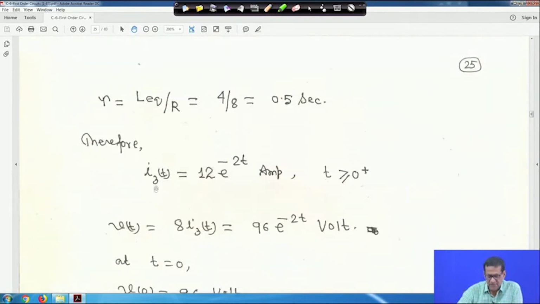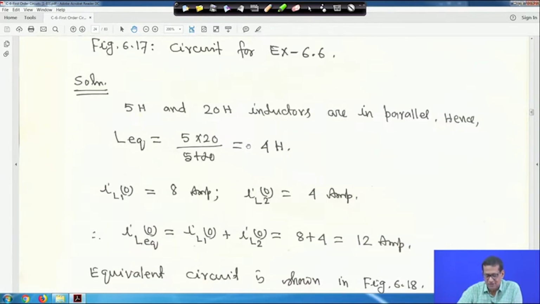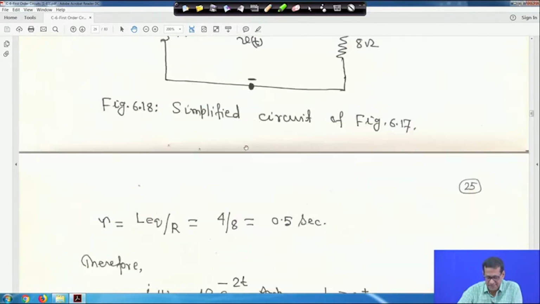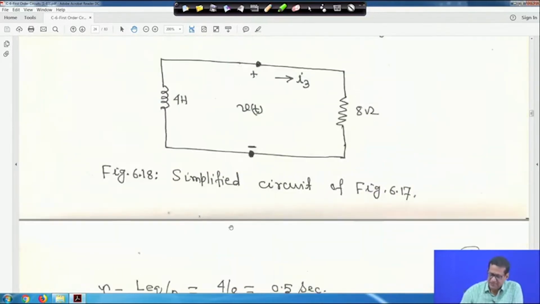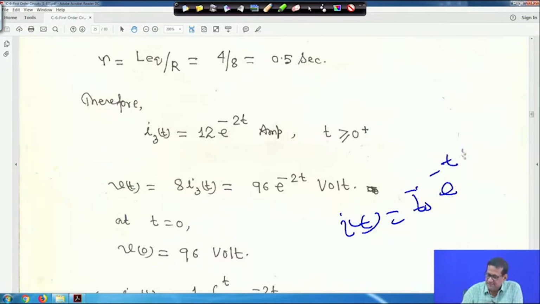Generally we know that i(t) is equal to I0 e to the power minus t upon tau.